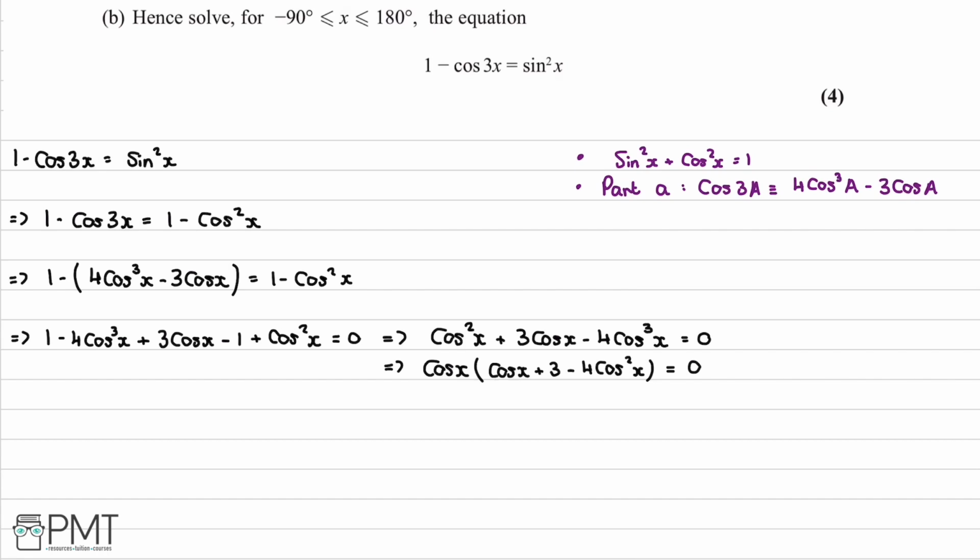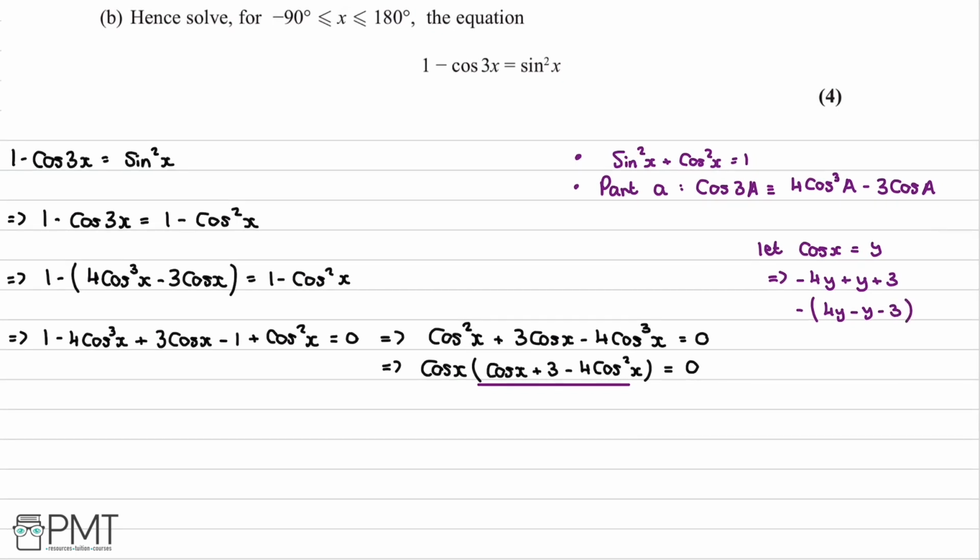And then now what we can do is we can say let cos x equal y, and we have the following quadratic. Inside the brackets here, we will have negative 4y plus 3, and then taking the negative out, we'll have negative lots of 4y minus 3.